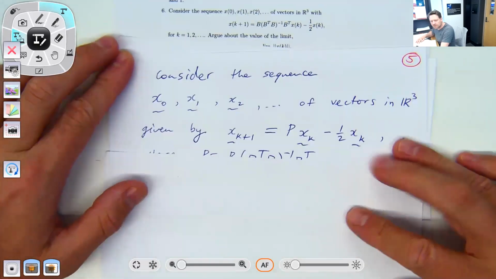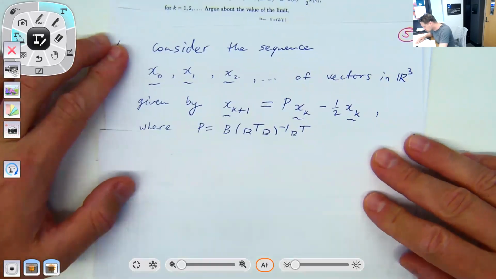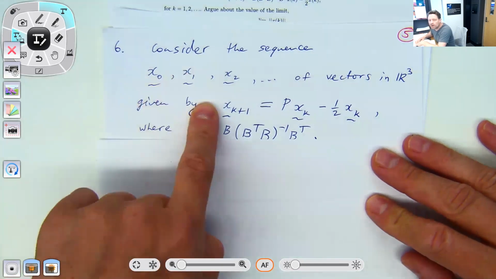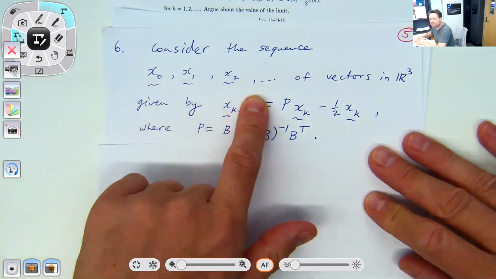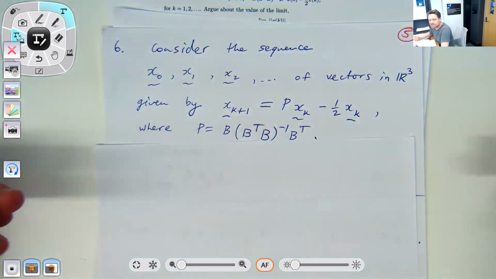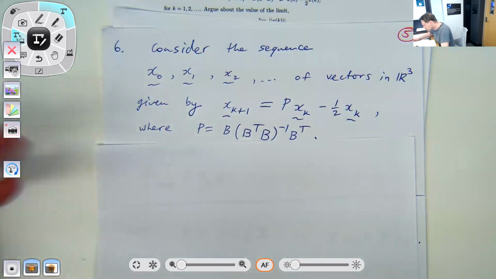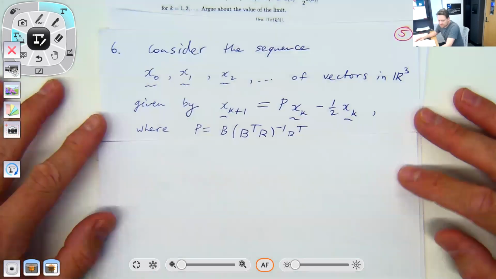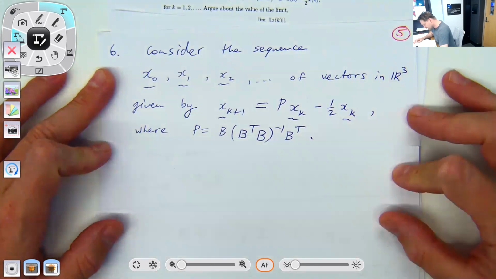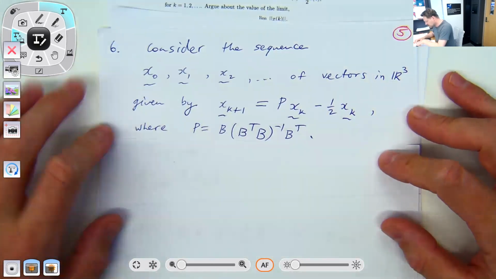So consider the sequence x subscript 0, x subscript 1, and so on. For me, this looks more familiar, more what I'm accustomed to in seeing a recursive sequence. But that depends on your background, perhaps.